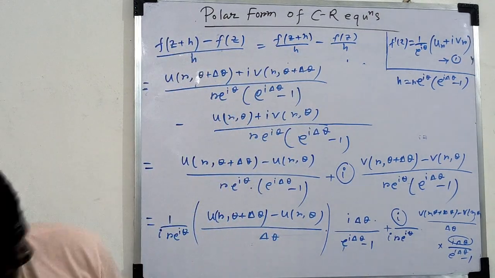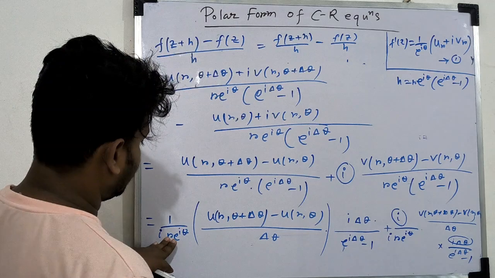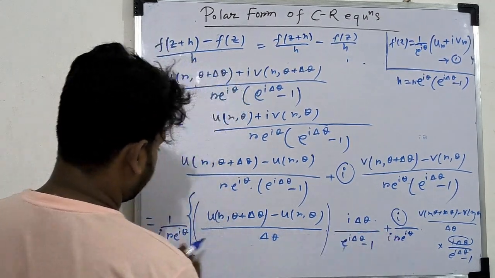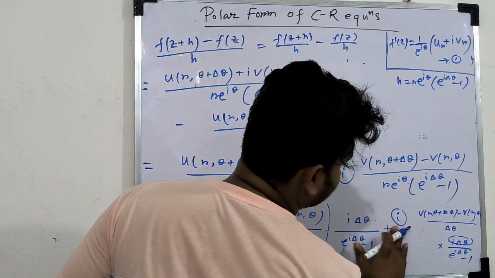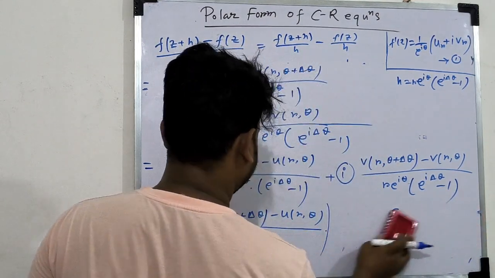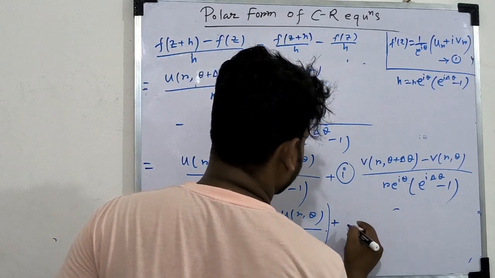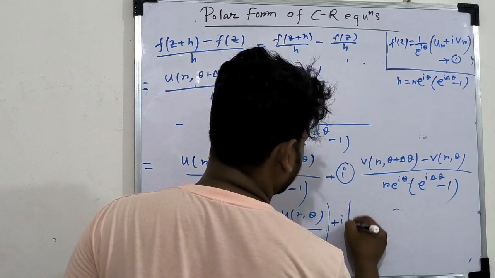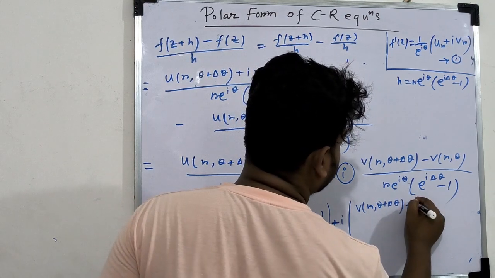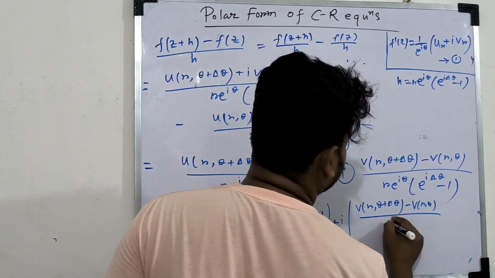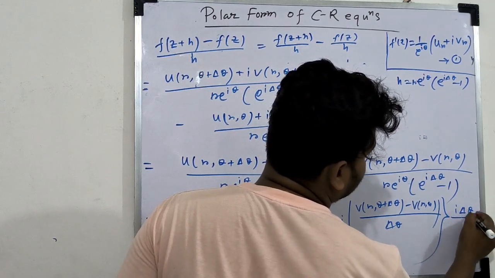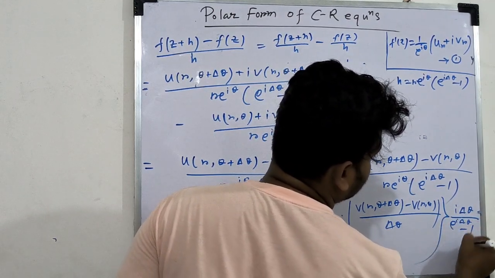So therefore we can write here. So simply you write this and take total common. So this time coming here. So this will be i and this will be common. So from this you can write, and this is plus i into v(r, θ+Δθ) minus v(r, θ) divided by Δθ, and after this second bracket, iΔθ divided by e^{iΔθ} minus 1.